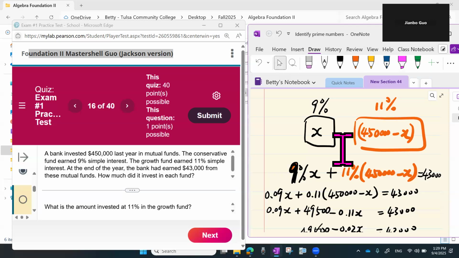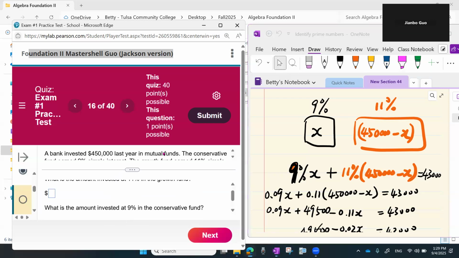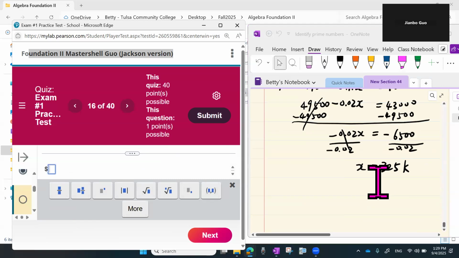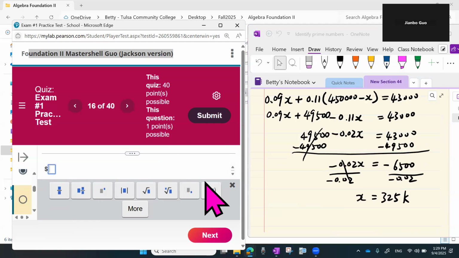Plugging in, we have 125,000. That's how much money in the red account. And our X value is how much money in the black account. 325.